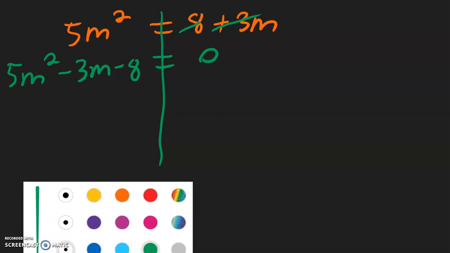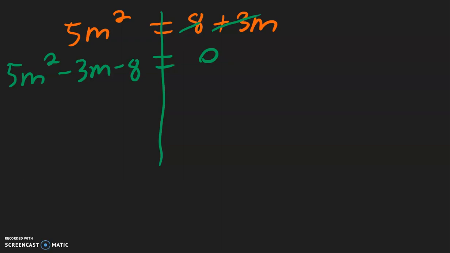Now we can factor this. So 5, we can try 1 times 5. For 8, we can try 2 times 4. So cross multiply. 1 times 4 is 4. 5 times 2 is 10. And we're trying to get a negative 3.